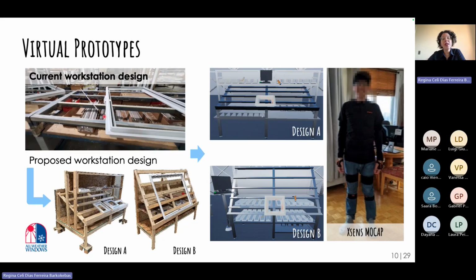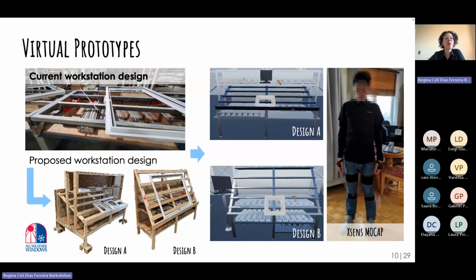So in another workstation, they can put the glass. And this case study was motivated by the company. They came to us asking to improve the ergonomics of this workstation because they have data that it was a workstation that was a little bit problematic. And at the time I was doing my PhD, so we were part of a group with students from different backgrounds.